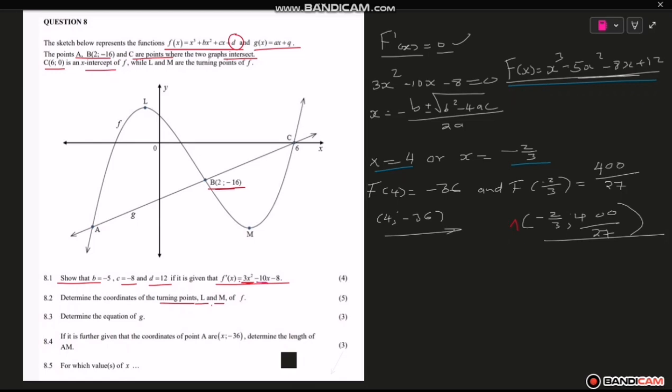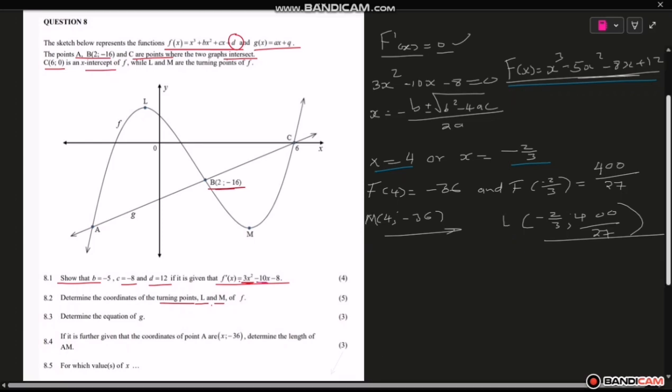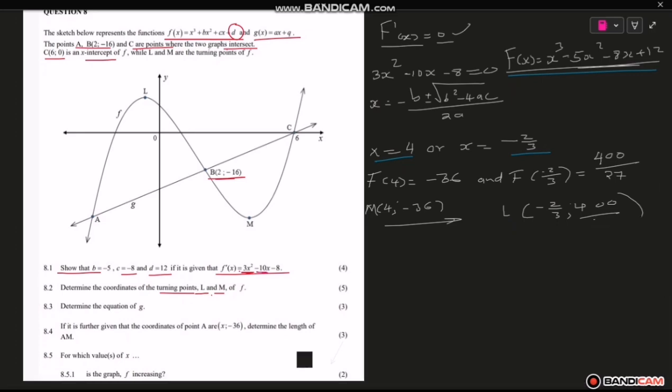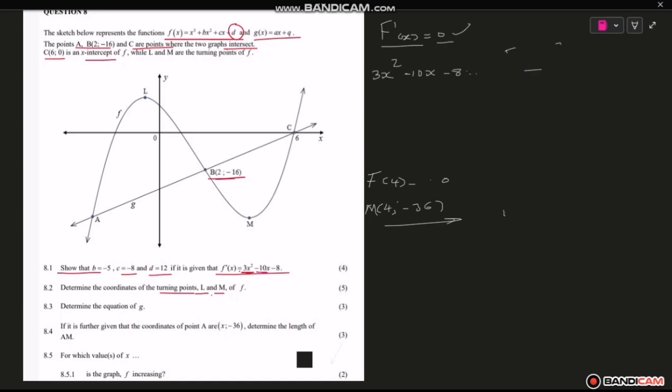So this becomes M and this is L. I hope that makes sense, by judging on the Cartesian plane, if you understand the properties of the Cartesian plane. Then they want us to determine the equation of G, the straight line, the linear function.